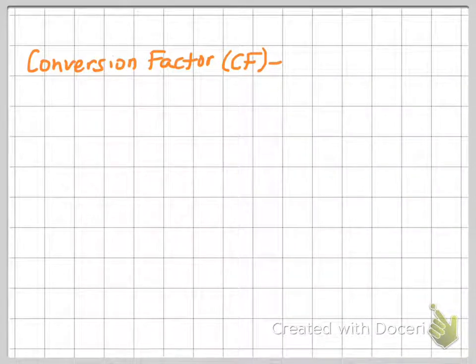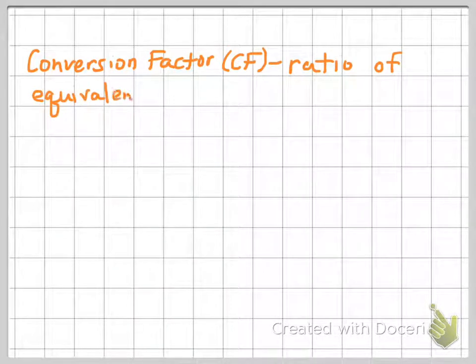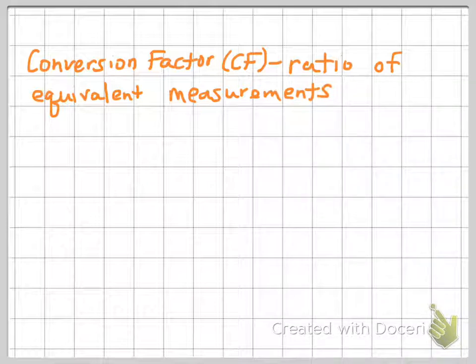So dimensional analysis uses conversion factors. A conversion factor is a ratio of equivalent or equal measurements. Conversion factors are equal to 1, so it's like multiplying by 1.